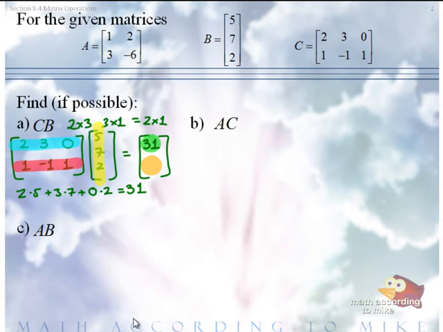So many colors. So we get 1 times 5 plus negative 1 times 7 plus 1 times 2. Did we get 0? Oh, that's nice. 0. That's it. So depending on what row or what column you are looking for, that tells you what row and what column to multiply.